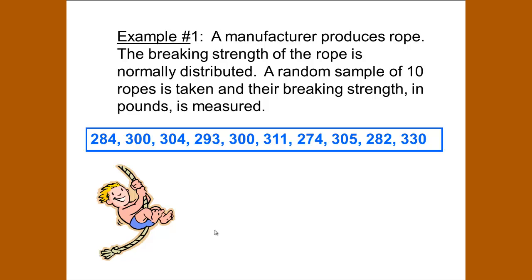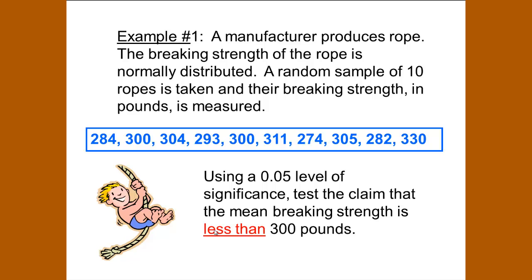The breaking strengths of those 10 samples are: 284, 300, 304, 293, 300, 311, 274, 305, 282, and 330. Using a 0.05 level of significance, test the claim that the mean breaking strength is less than 300 pounds.